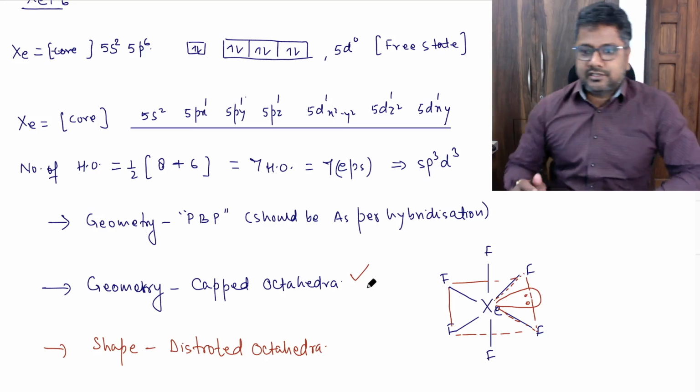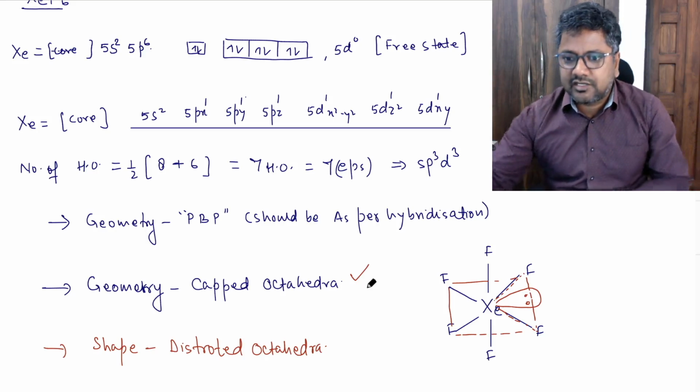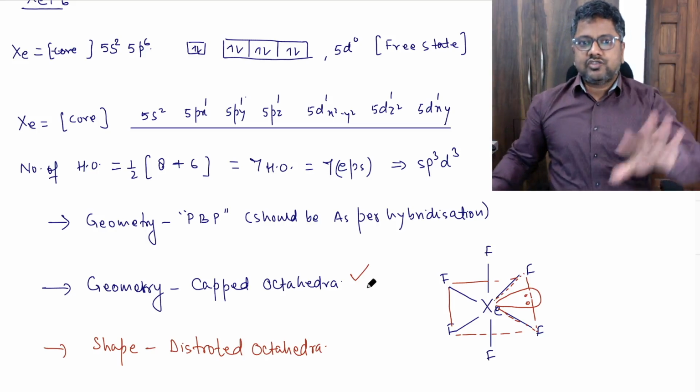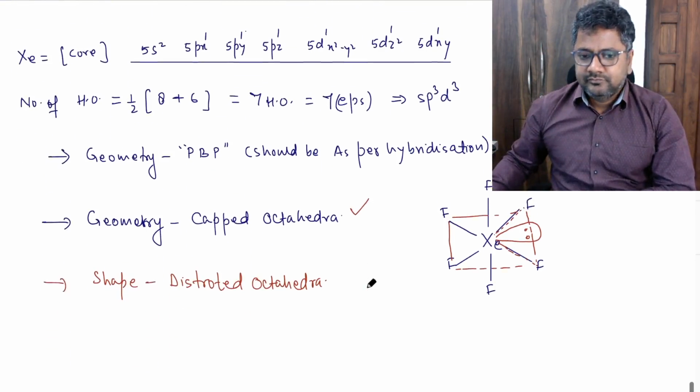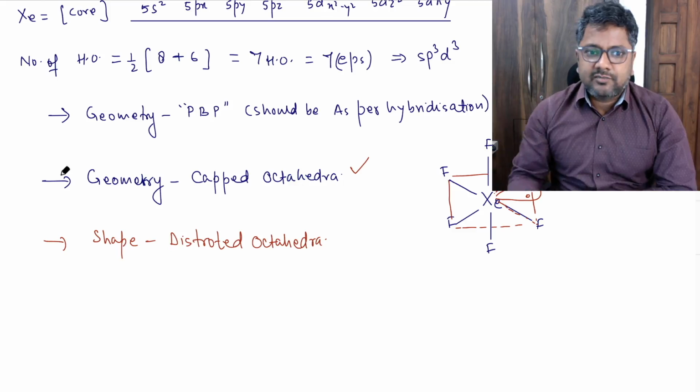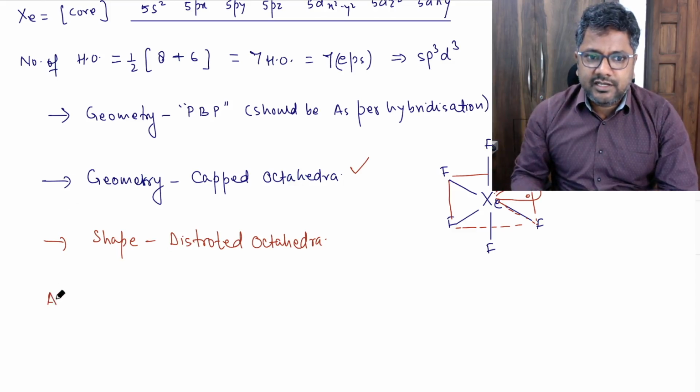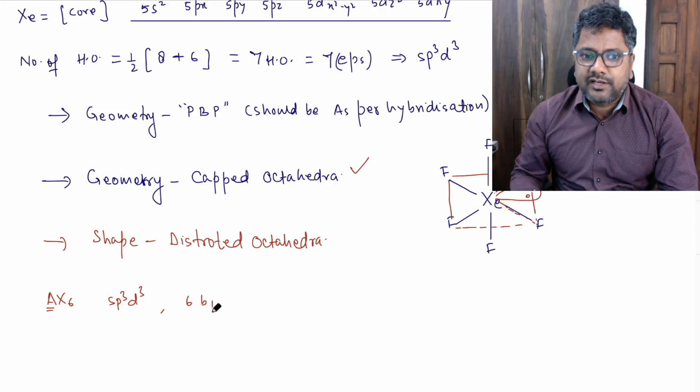So this is an exceptional molecule, and this is true for every molecule of the type AX6, and if A is sp3d3, definitely you have 6 bond pairs and 1 lone pair.